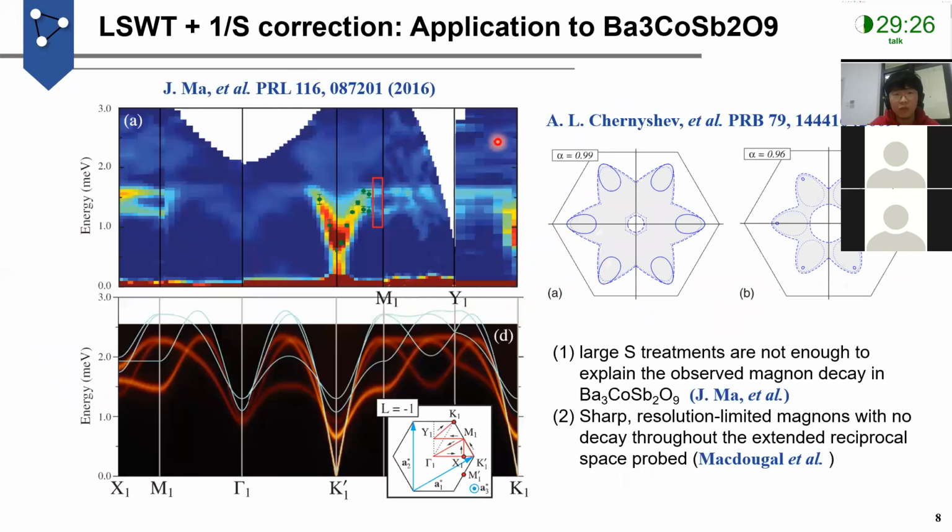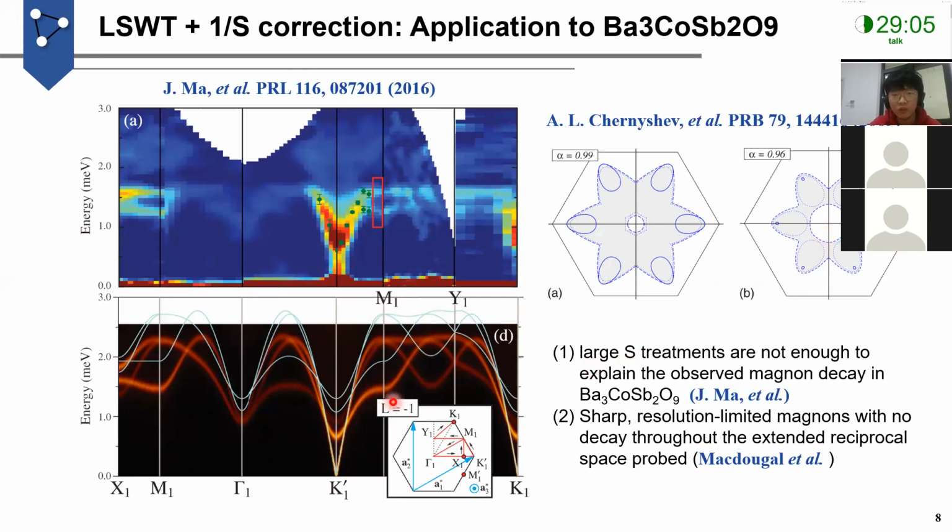To further test the correctness of the 1/S correction, Professor Zhitomirsky's collaborators did a careful comparison between the experiment and the 1/S corrections. It shows that the real material has a small in-plane anisotropy, and the decay region will largely shrink.